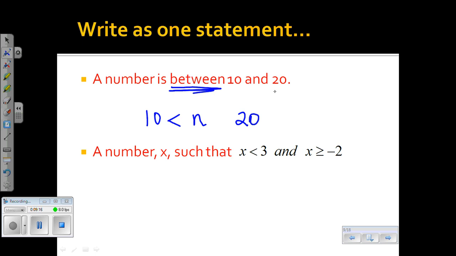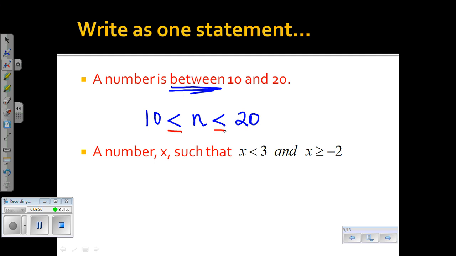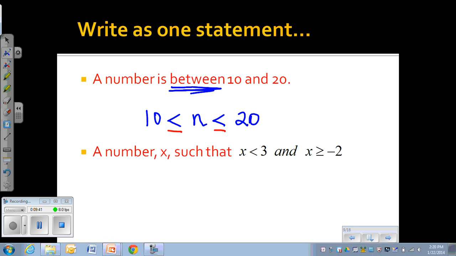And then if it's between 10 and 20, it's certainly not bigger than 20. So it's less than 20. So 10 is less than n, and n is less than 20. Alternately, you could also include the or equal to's, because I didn't specify in my sentence whether or not to include the endpoints. So either with the or equal to's or without them, both would be correct answers.